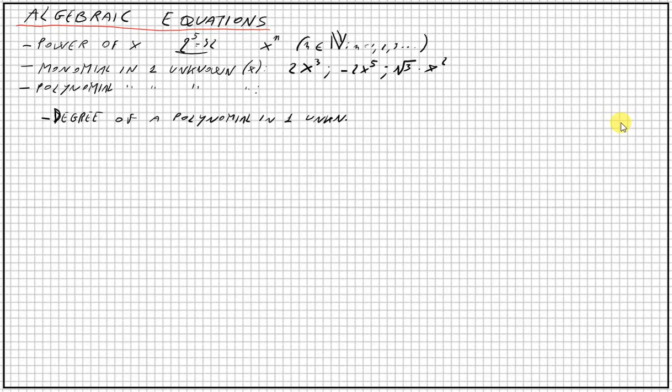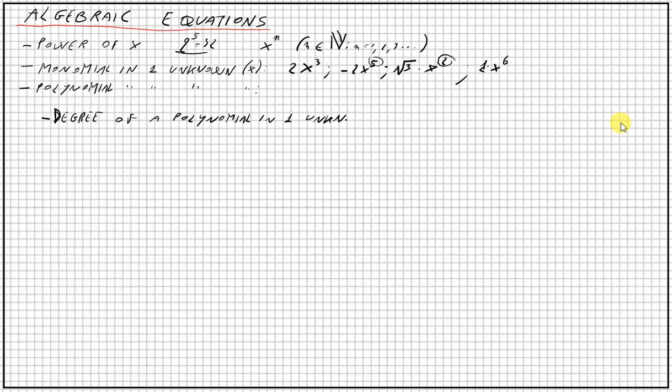That is a valid monomial as well. So any real number multiplied by any power of x with the exponent a positive integer. In other words, this number here, which in this case is 2, in this case is 5, has to be a natural number, so a positive natural number. Just to note that if you have this writing, for example, x to the power 6, that is also a valid monomial where the coefficient that is not indicated can be assumed to be 1.